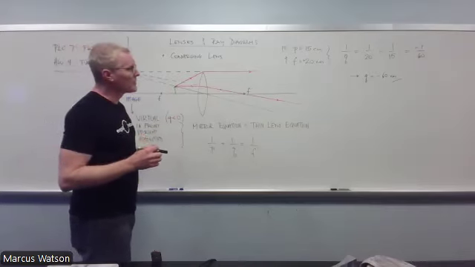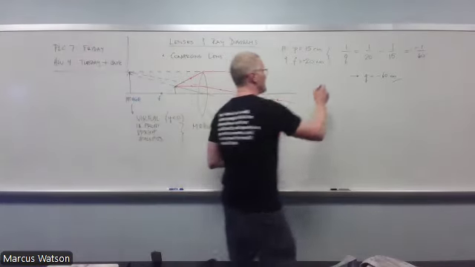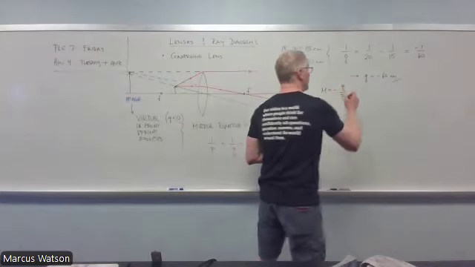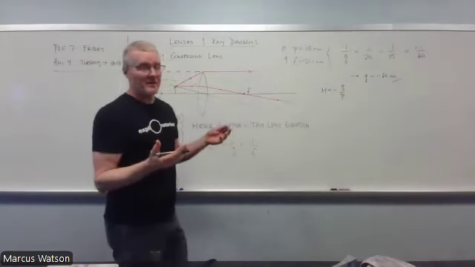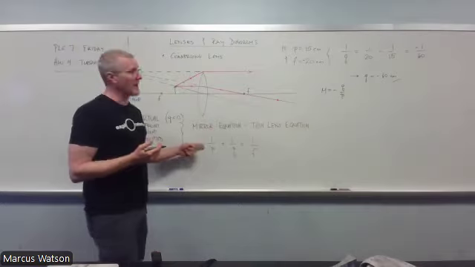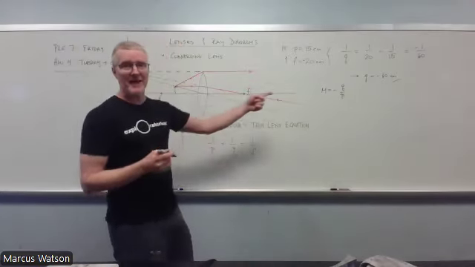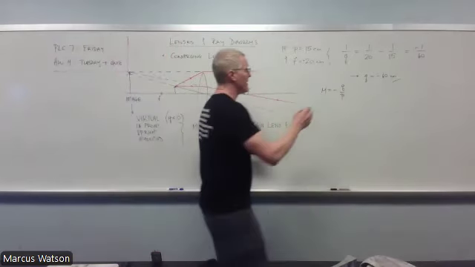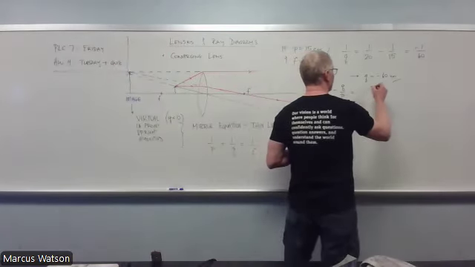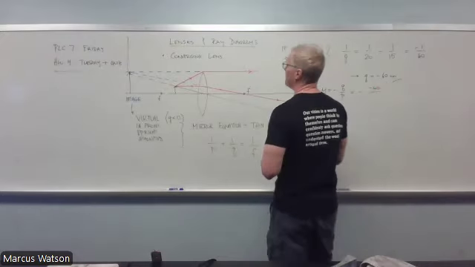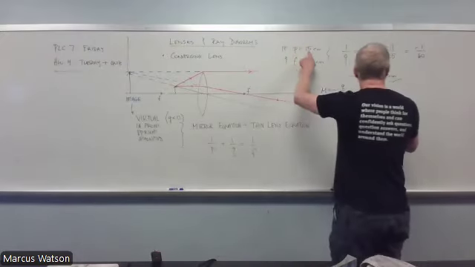Okay, Q is -60. If I found the magnification, I would still go -Q over P, because geometrically, the reason I got this and the reason I get that are the same reason. So if this is still true, then that's still going to be true. And then I would say this is negative times -60 over 15.